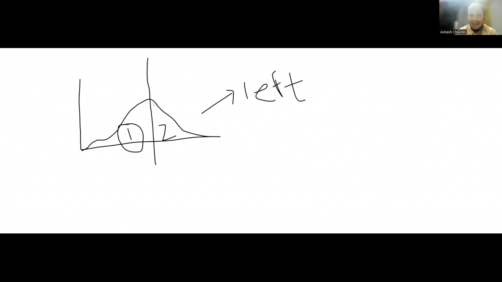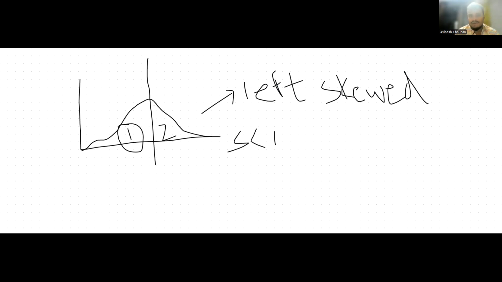And how will it be identified? It will be identified by looking at the graph. It is left skewed, and when it is left skewed, my skewness value will be less than zero.